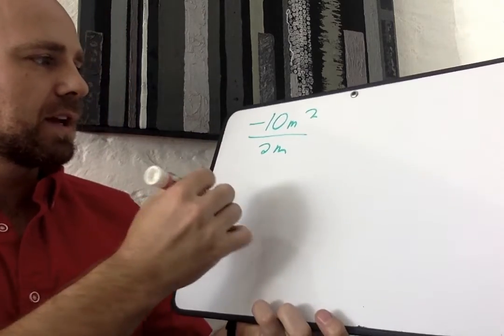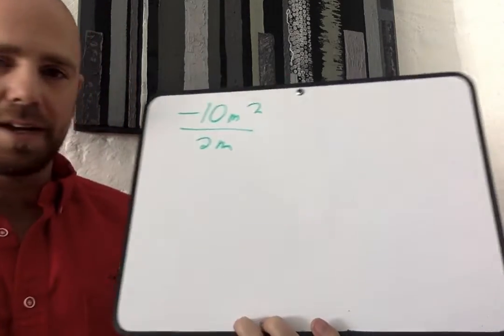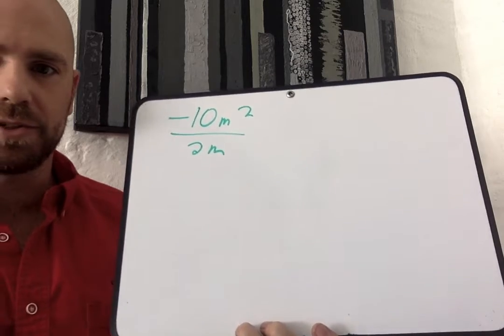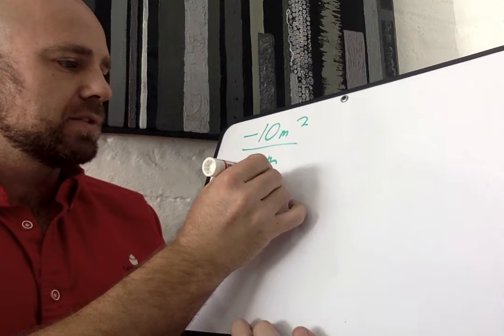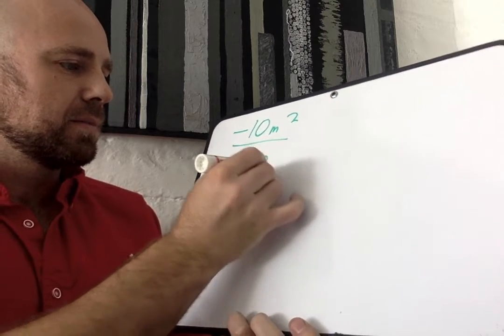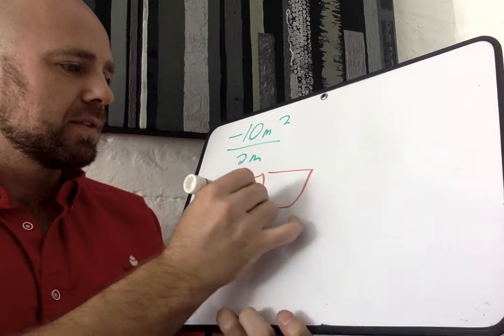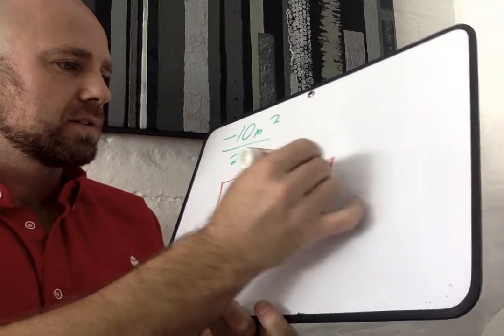Let's think about it. My area is my numerator in this situation, so my area is actually going to be the negative 10m squared. So I need to create my negative 10m squared.